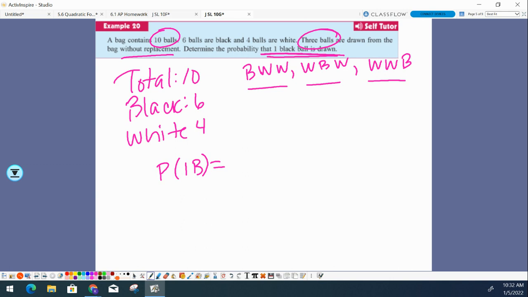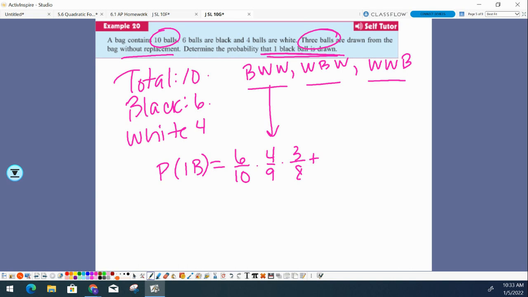First of all, the probability of black is 6 out of 10, times white. 1 black one is gone, but I still have 4 white, but only 9 balls left. And the next one is white, so we have 1 black and 1 white gone, so I'm down to 3 white out of 8 total. Plus, this is this combination.